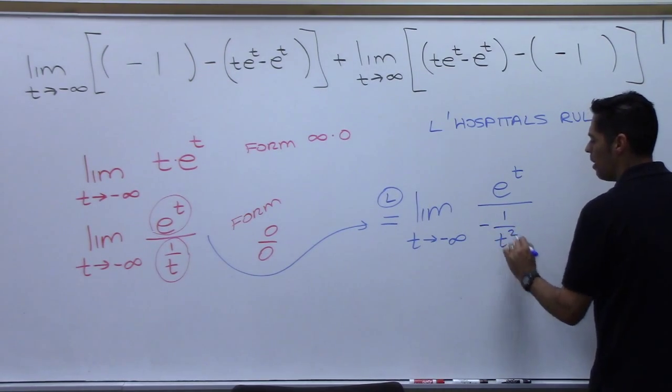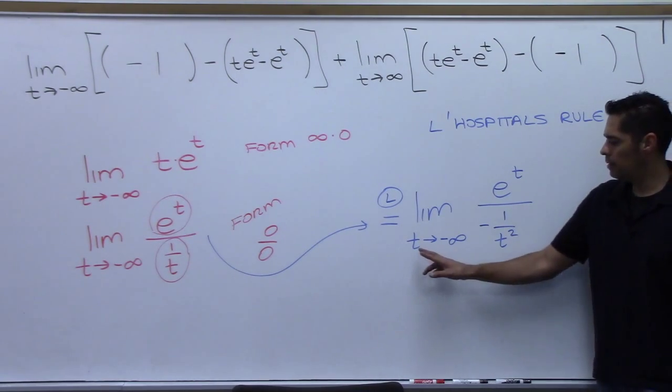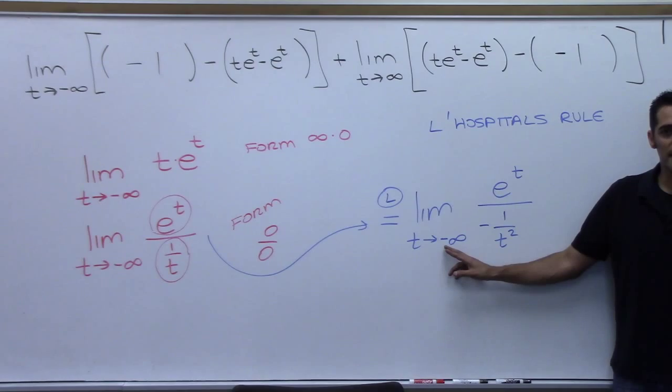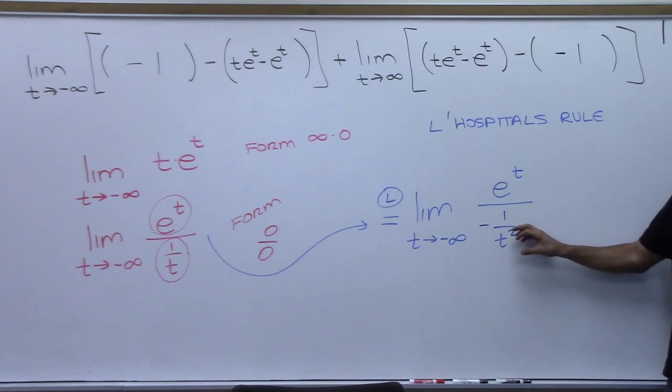Negative 1 over t squared. Try it again. Let t go to negative infinity. What happens? This goes to 0. This goes to 0. That's the same thing we just had.